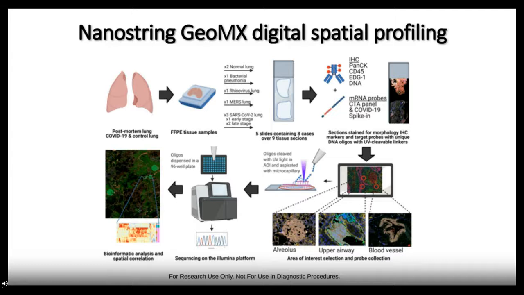So here we're showing you the genomics workflow. I won't go into too much detail, Kelly's already described it. But essentially, we stain the tissue for pan-CK, CD45, and for DNA. And then we illuminate different regions of that tissue that we select based on that staining. That cleaves off the UV-cleavable linkers that are analyzed on the Illumina sequencing platform.